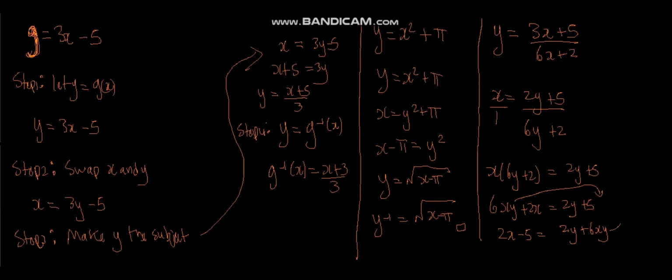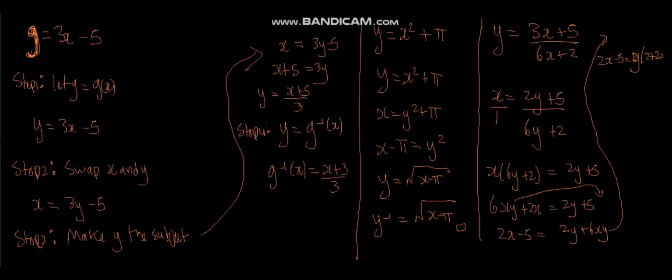So carrying this working to the top here, we would get 2x minus 5 is equals to, we could factor out y, so y times 2 plus 6x.